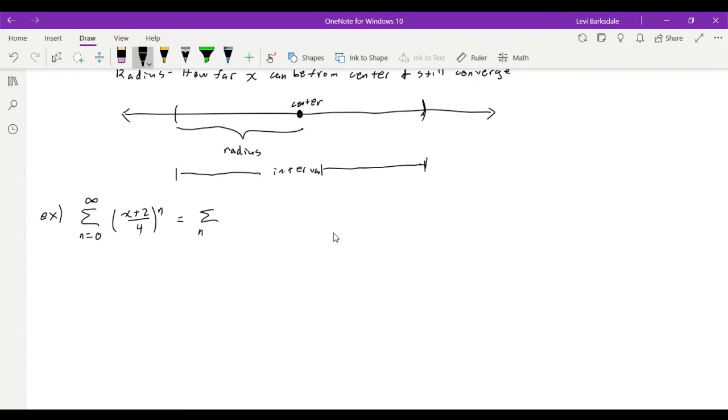Now, if I wanted to write this in a bit more formal way, I could write it as 1 divided by 4 to the nth power times x plus 2 to the nth. And in this case, this little 1 over 4 to the n would be my a sub n. Well, then clearly I can see that my center's at -2.